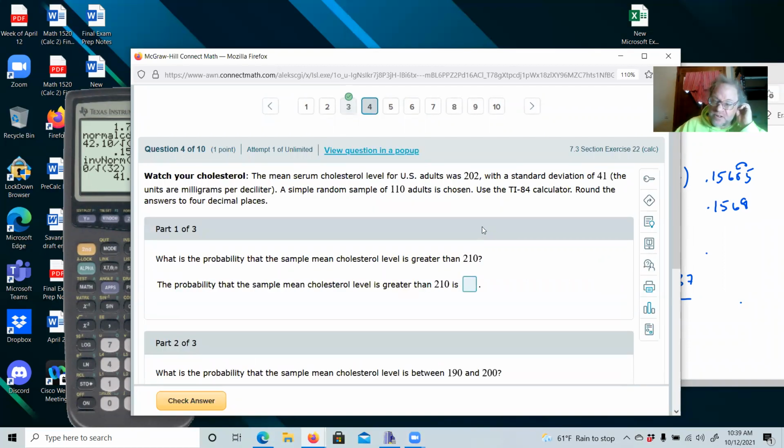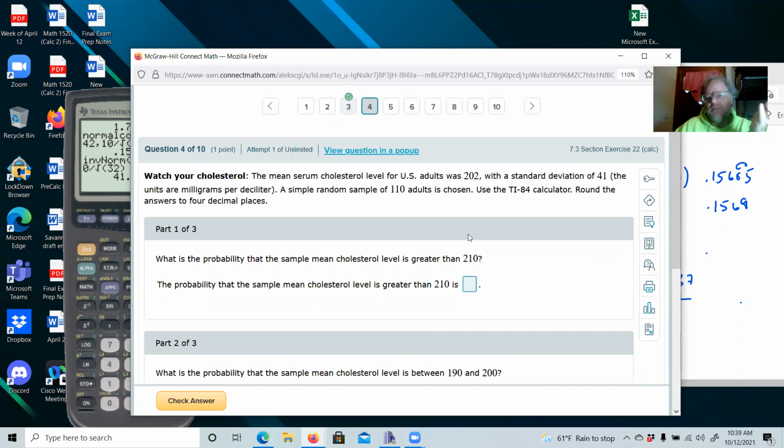Okay, now this is a question that I have. I would feel much nicer answering this question. So the mean serum cholesterol level for U.S. adults was 202. Standard deviation is 41. A random sample of 110 adults is chosen.